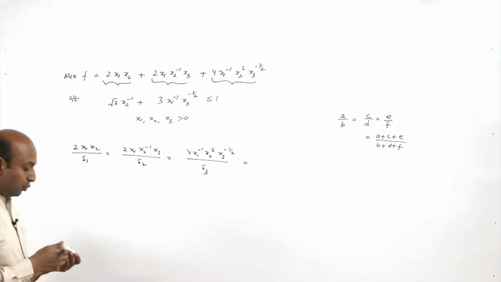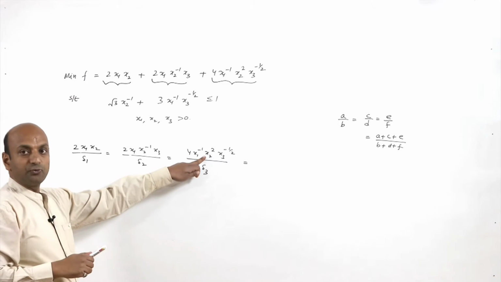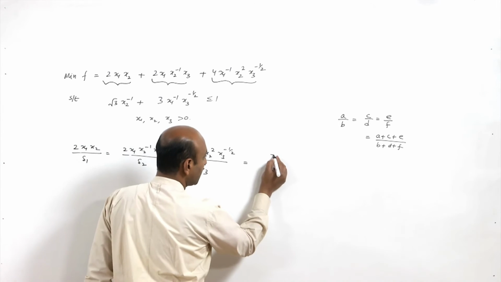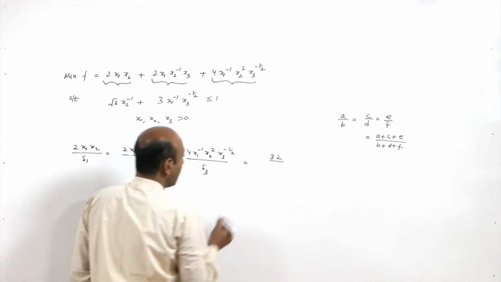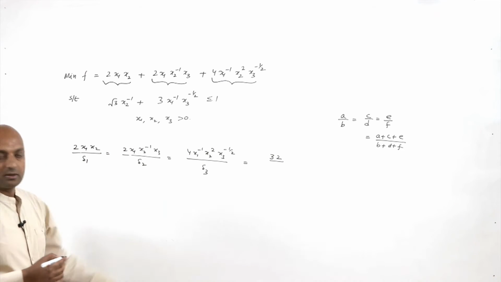So that is also equal to this term plus this term plus this term, which is nothing but the minimum value of f, which is 32 as we have already obtained, and in the denominator delta 1 plus delta 2 plus delta 3, which is 1.